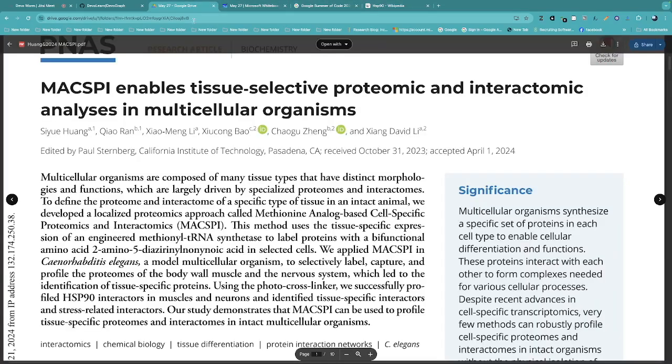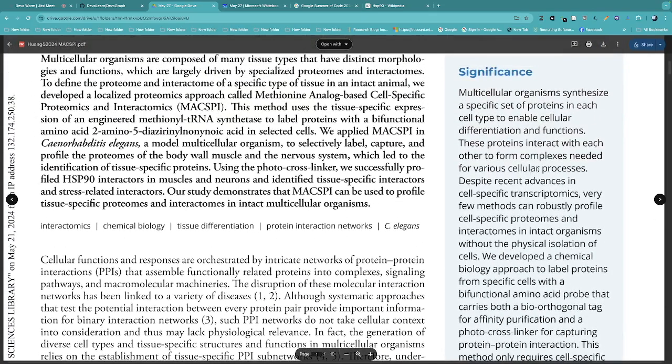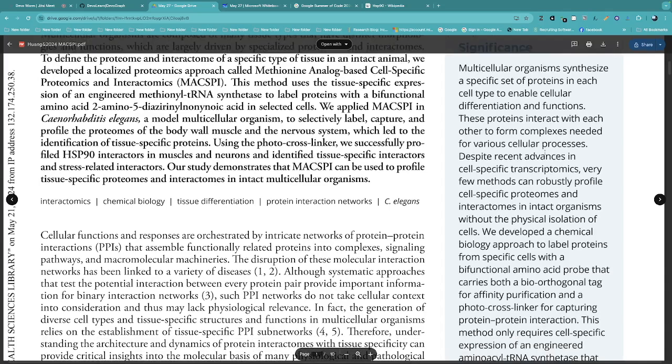So what is the significance of this? Multicellular organisms synthesize a specific set of proteins in each cell type to enable cellular differentiation and functions. These proteins interact with each other to form complexes, and this is needed for various cellular processes.